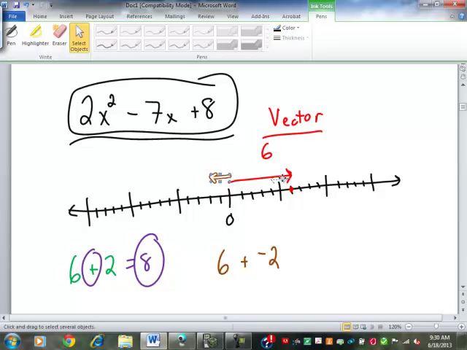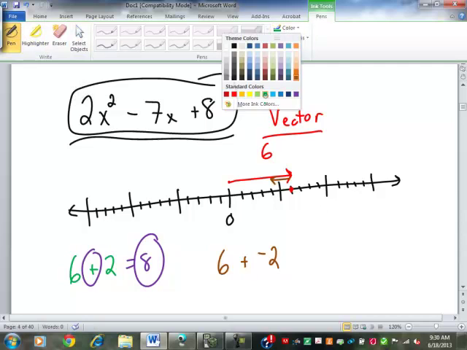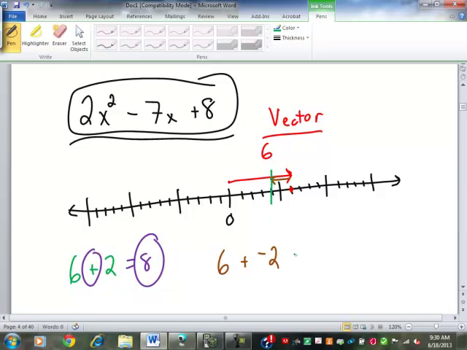And since it points in the opposite direction, they work against each other. And we end up at 4, positive 4. We're still on the positive side of the number line, here's 0, right here. We've gone to the positive 6, and then we go back 2, leaves us at 4.